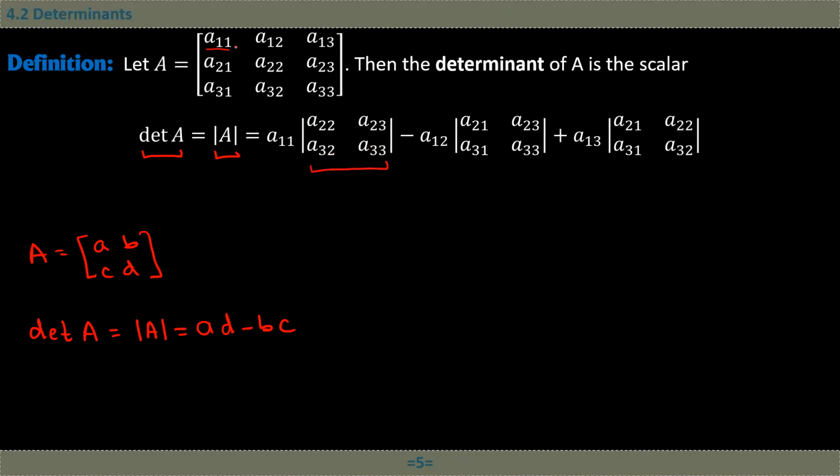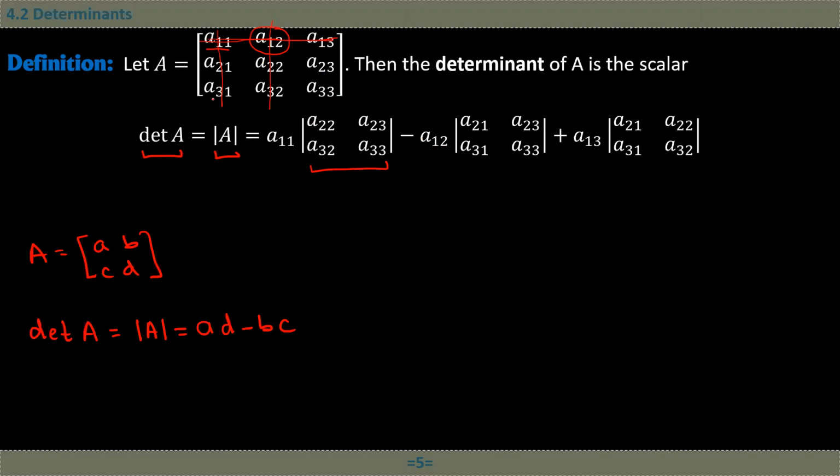To obtain this one, I'm deleting this column and this row. And what is that here? A22, A23, A32, A33. And for the second, pick this component, A12, and delete this column and this row. What do we have here?